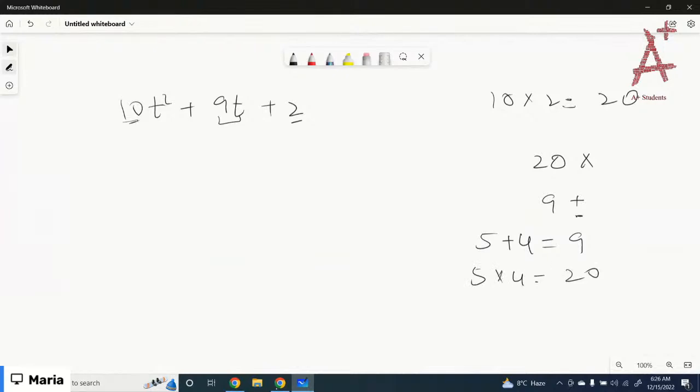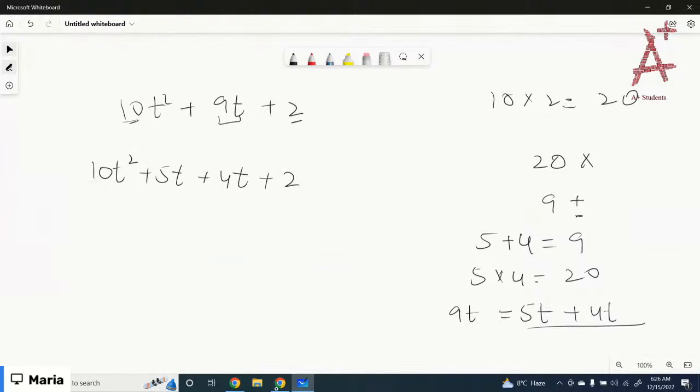Got it? That means you can break down the 9t as 5t plus 4t. So just replace the 9t with 5t plus 4t. It would be 10t square plus 5t plus 4t plus 2.